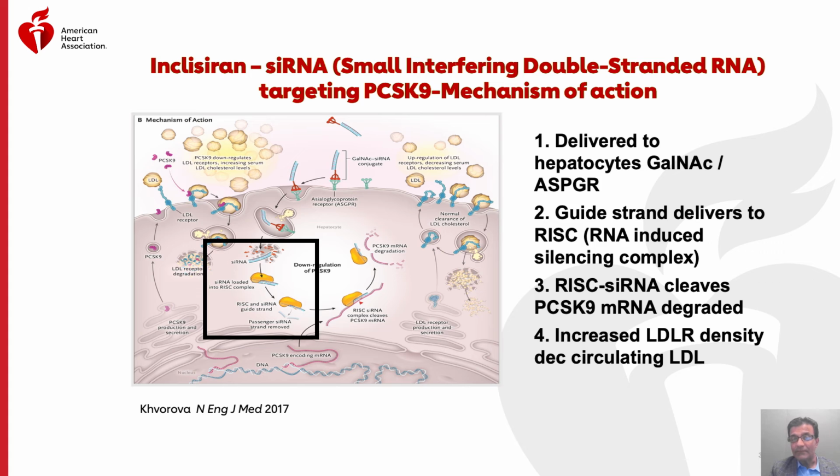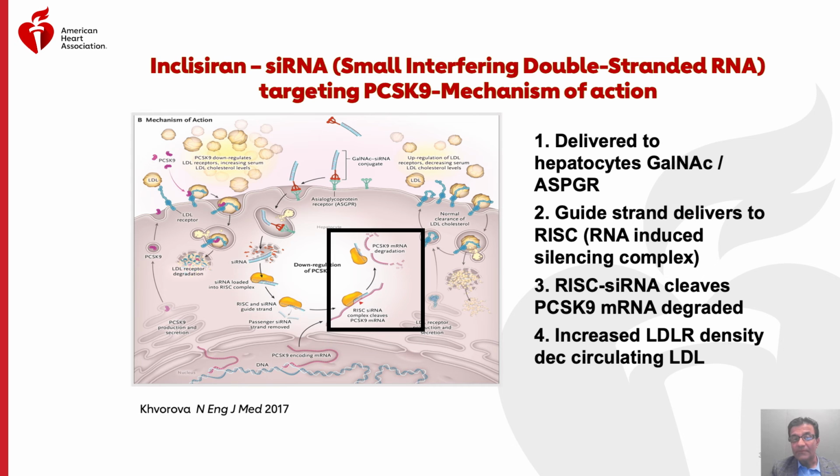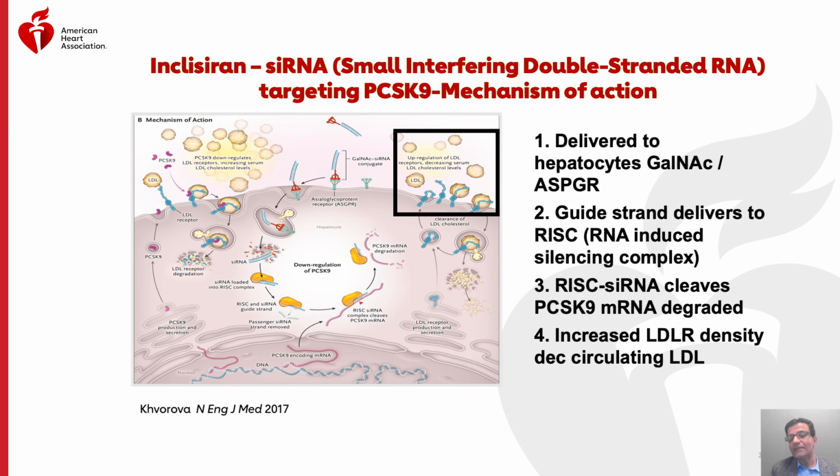Once it's inside the cytoplasm, it has 2 strands. One is what we call the guide strand, and one is the passenger strand. The 2 strands separate. The guide strand binds to the RNA-induced silencing complex, and it basically binds to the messenger RNA for PCSK9, and once that happens, that messenger RNA for PCSK9 is degraded, and it has the same effect that you would otherwise have from PCSK9 inhibitors.